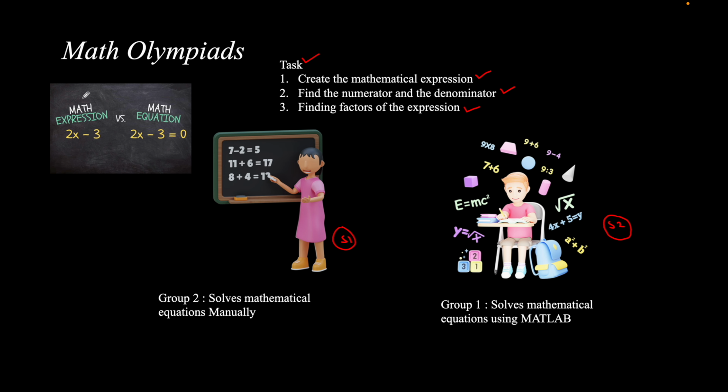So in this case, we need to understand what the difference is between an expression and an equation. As you can see here, the mathematical expression needs to be derived, right? So what is basically an expression?